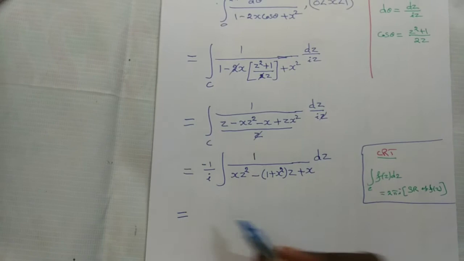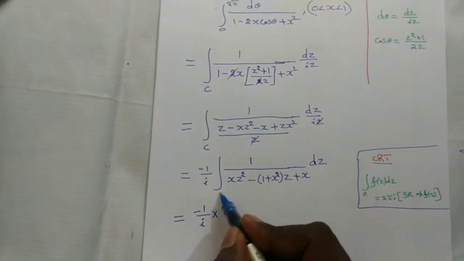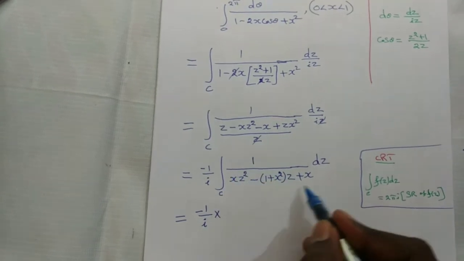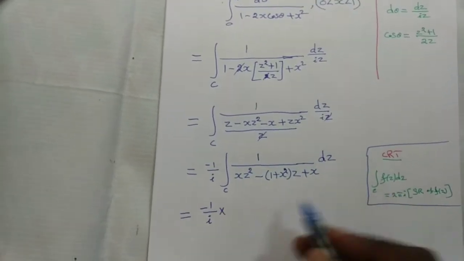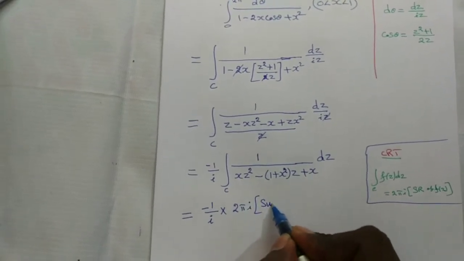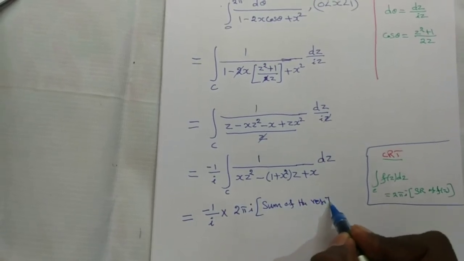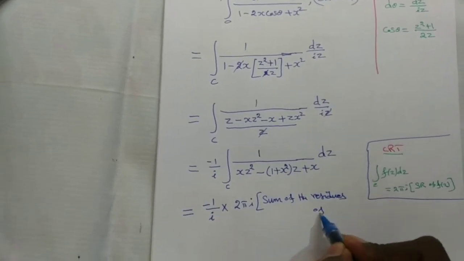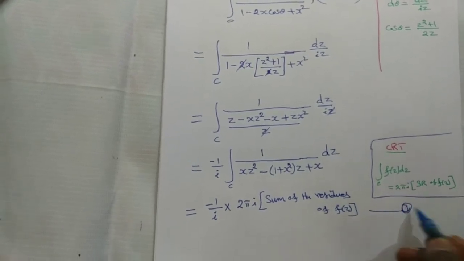Now I am going to compare this, minus 1/i into the integral over C of f(z) dz. By comparing this, the integral of f(z) dz equals 2πi into the sum of the residues of f(z). Take this as equation number 1.